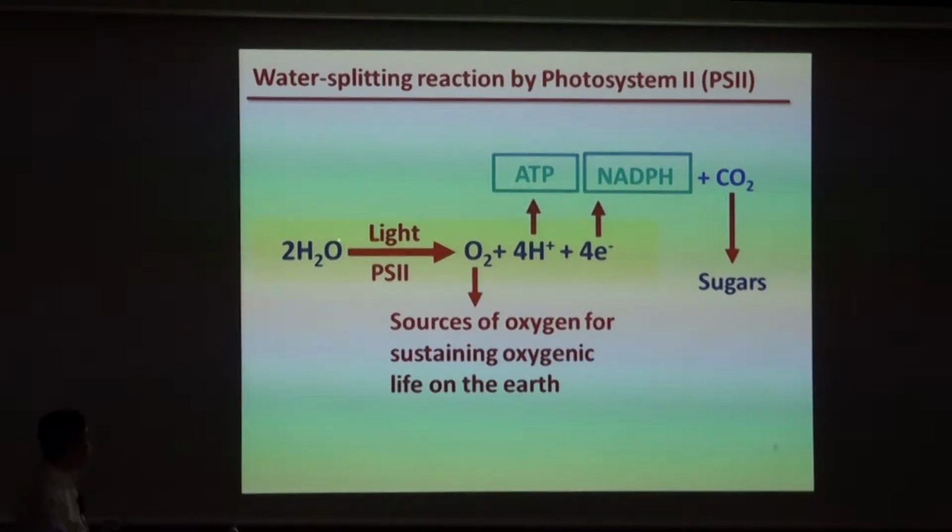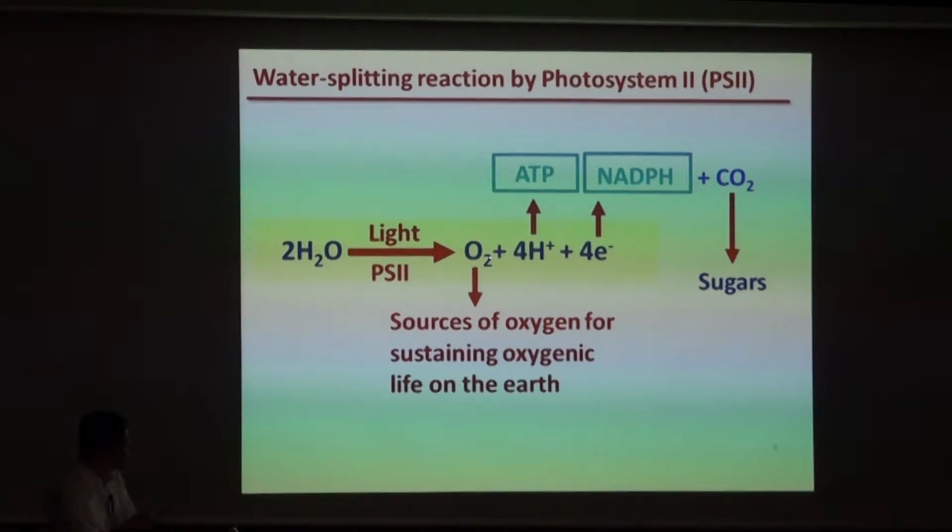So this reaction provides the energy required for most of the organisms to survive on the Earth. And the energy is originally from light, from sunlight. This is visible light.